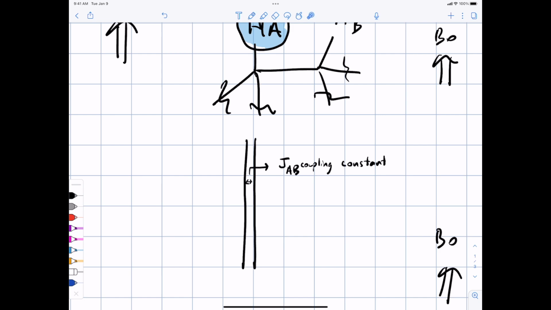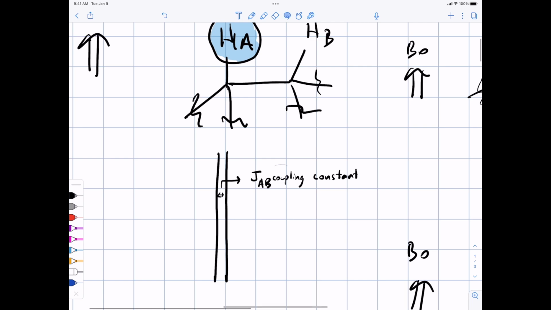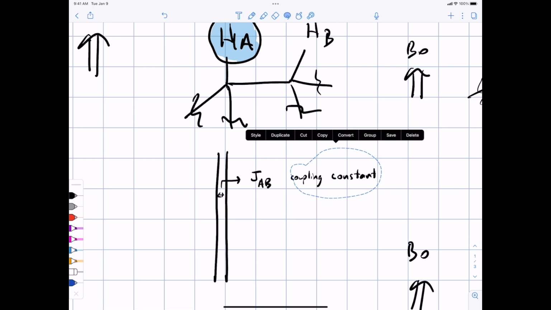That is the coupling constant, or the splitting constant, between protons A and B. And just to make things worse for you, I told you that with chemical shift we deal with units of ppm. With J coupling constants we could still stay with ppm, but the numbers are really small, so we go back to hertz because we prefer single-digit numbers that are easy to write.